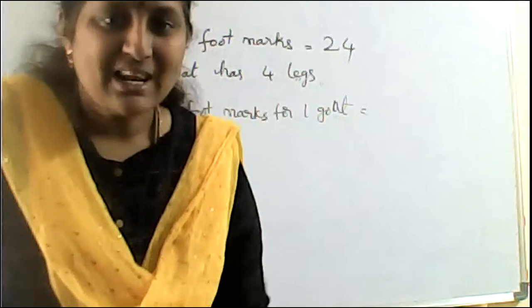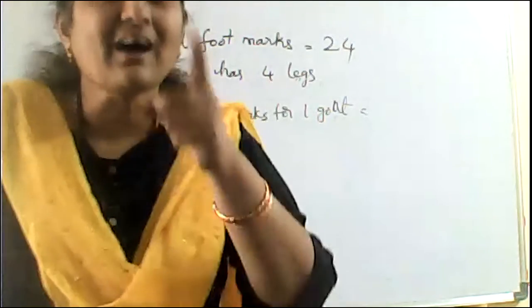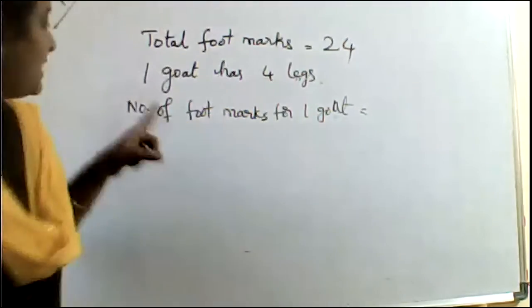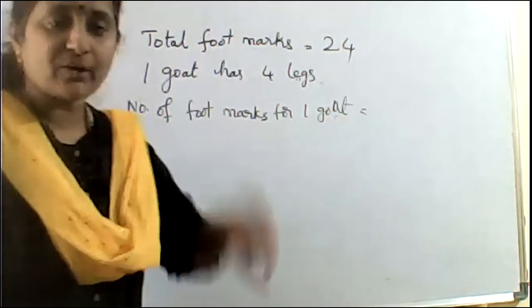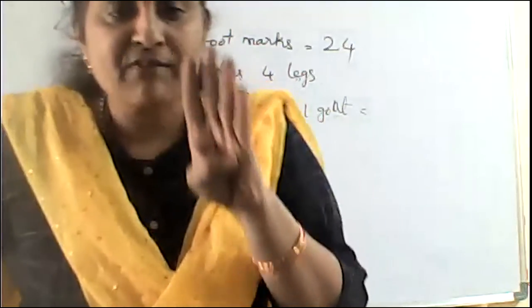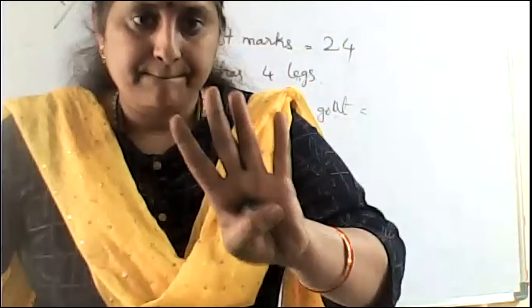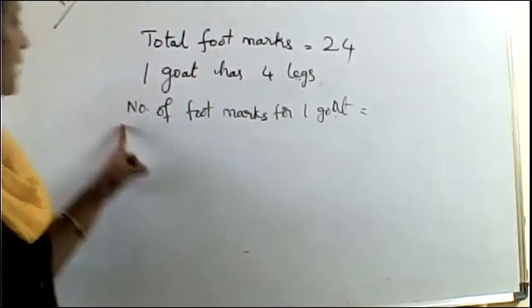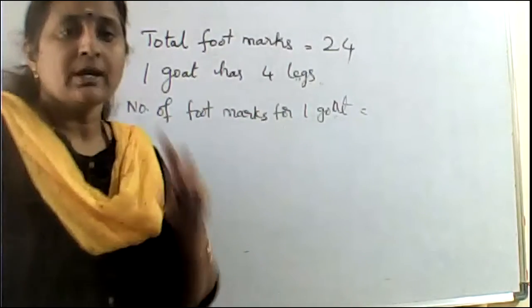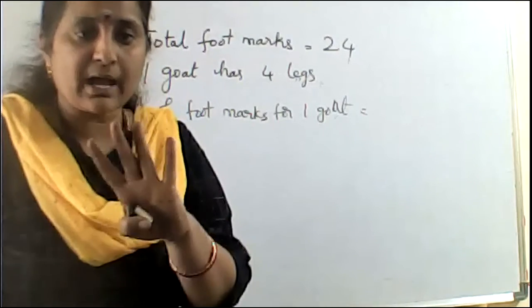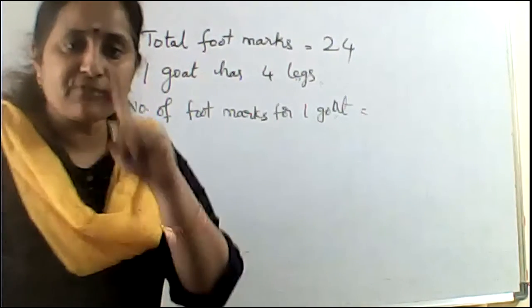Listen to my question. 4, ma'am. If a goat is having 4 legs, number of footmarks for one goat is 4.